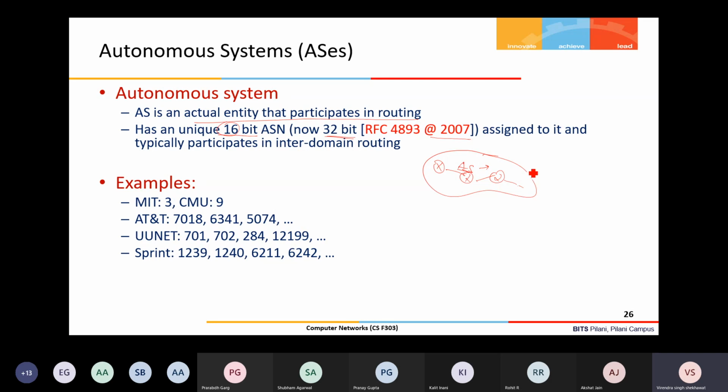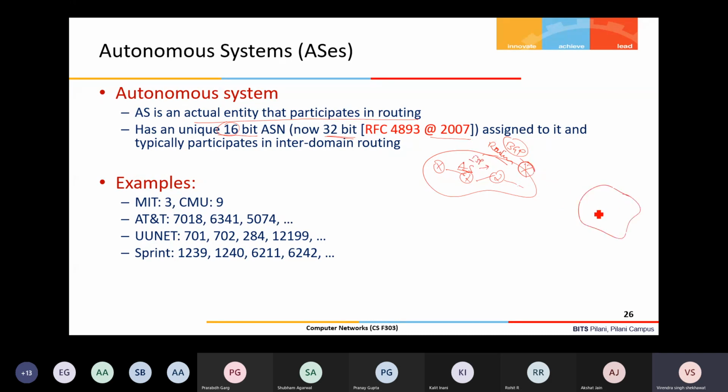Then there can be one or more gateway routers, which we call BGP routers, meaning the BGP protocol runs on them. These BGP routers represent this organization or ISP or autonomous system to the outside world with this number.